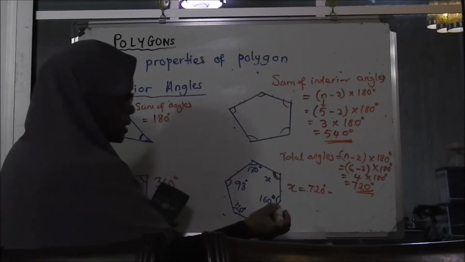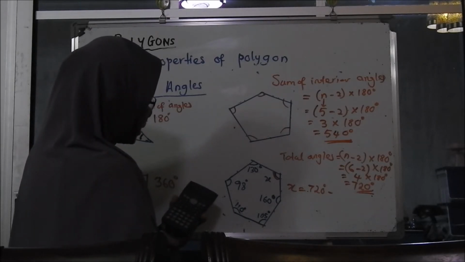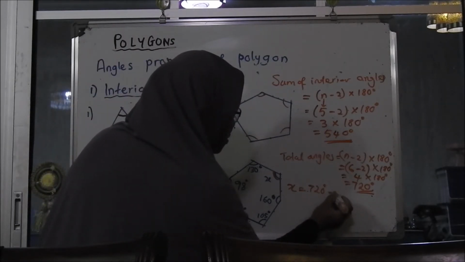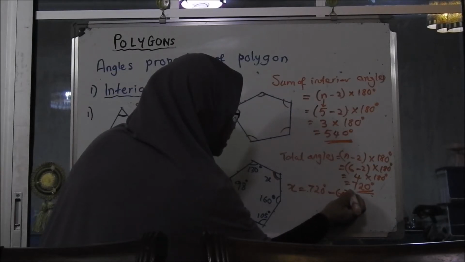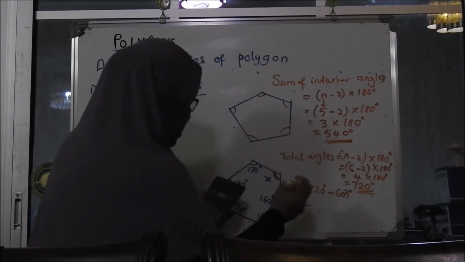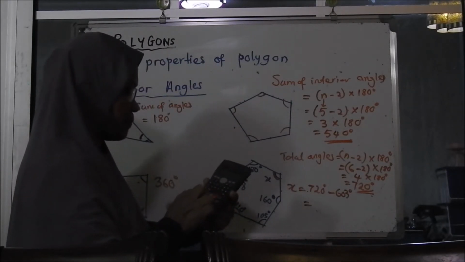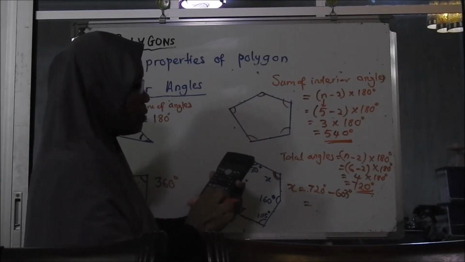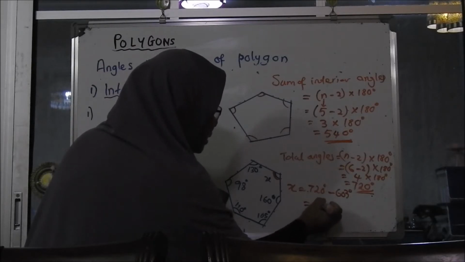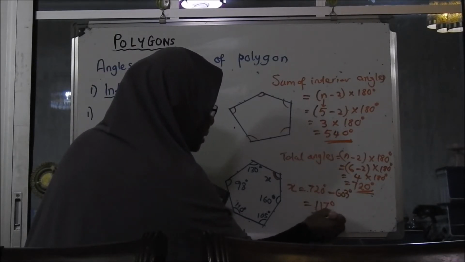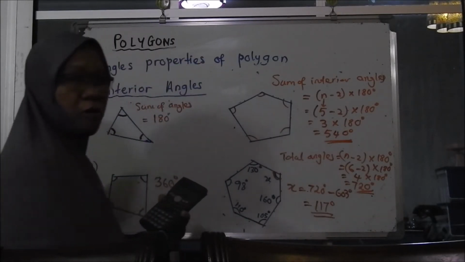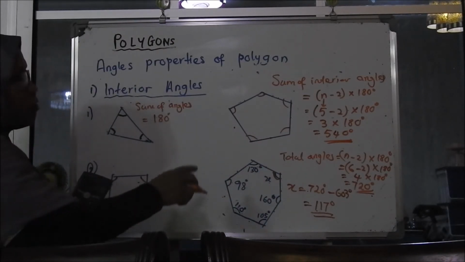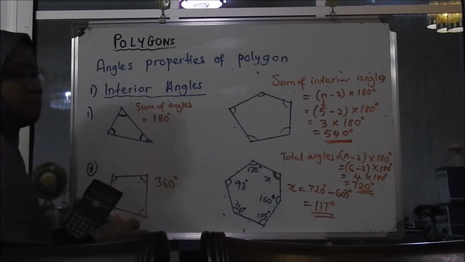So the total is 603 degrees. So you minus 603 degrees. Now 720 minus 603, you have 117 degrees. So this is the value of the missing angle of an interior polygon.